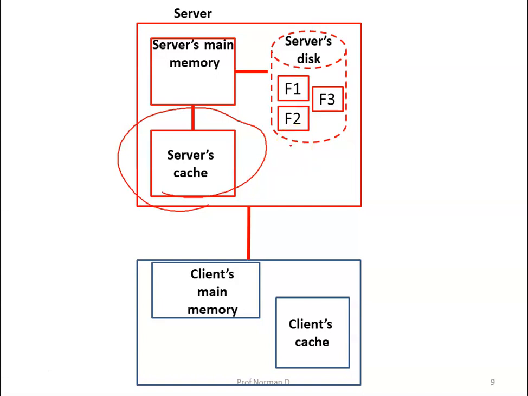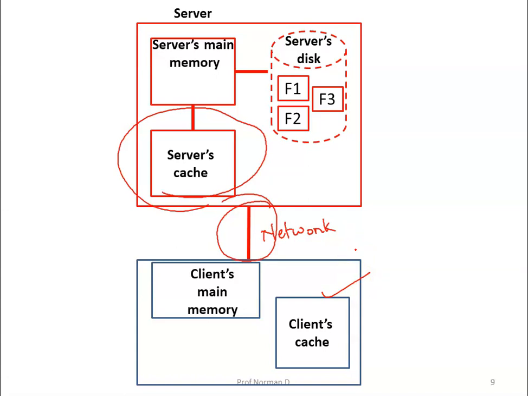Although server caching eliminates a disk transfer on each access, it still has the network issues. The only way to get rid of the network access is to do caching on the client side, which is where all the problems come in.